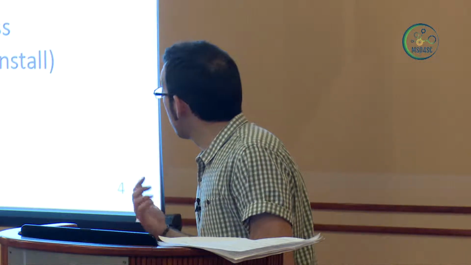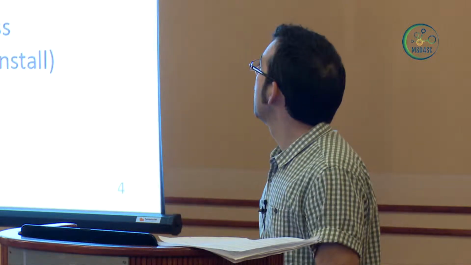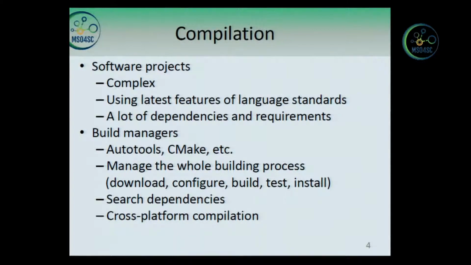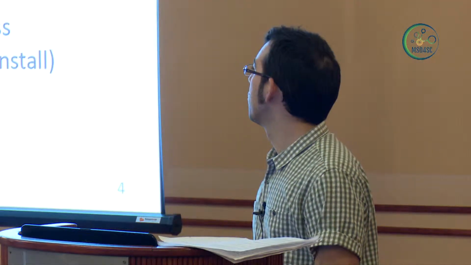In order to perform the compilation of this kind of tools, they usually use build managers like AutoTools or CMake to manage the whole building process, which usually involves steps like download, configure, build, test, and install the project in the infrastructure.